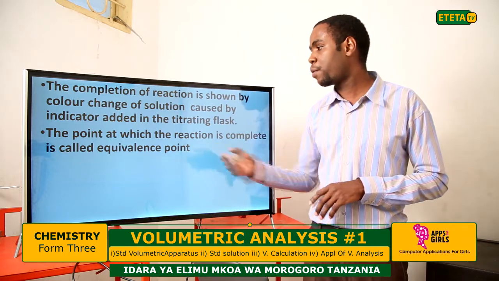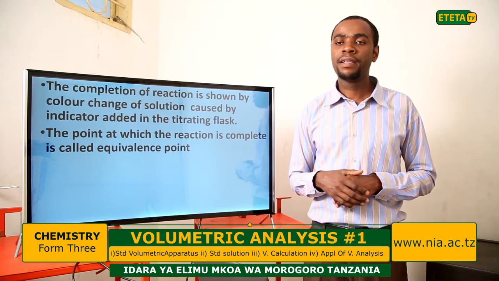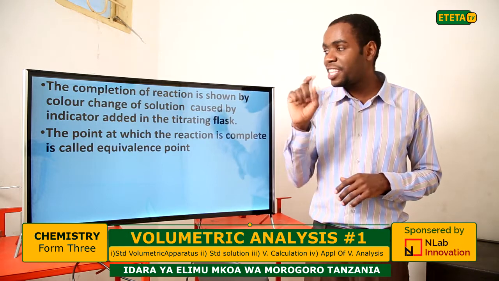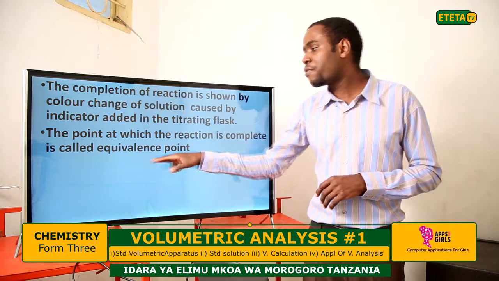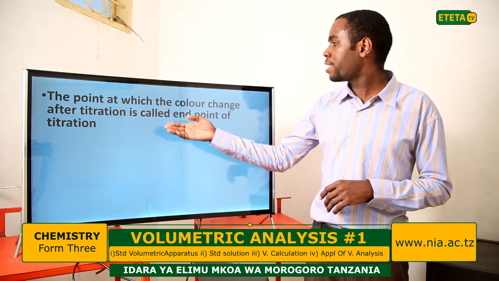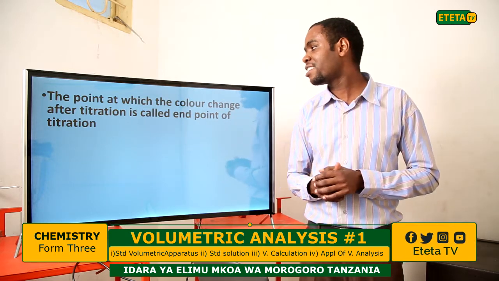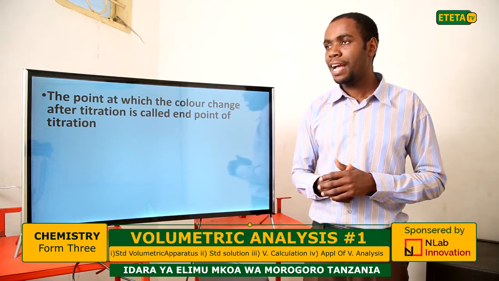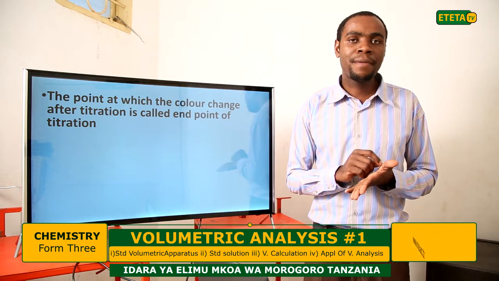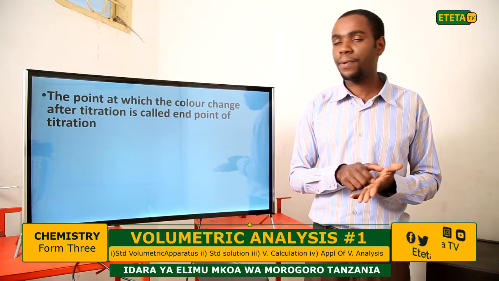This is the theoretical point. We expect you to obtain maybe 25 centimeter cube. So that 25 centimeter cube is the equivalence point. But the point at which the color changes after titration is called the end point.